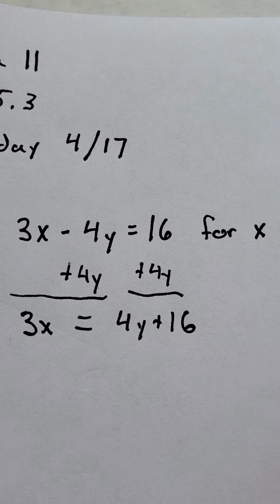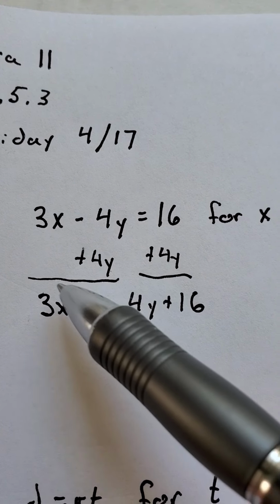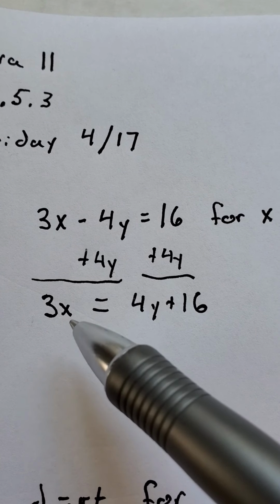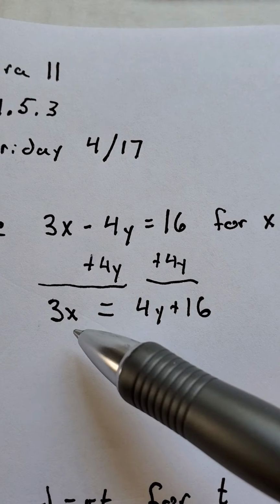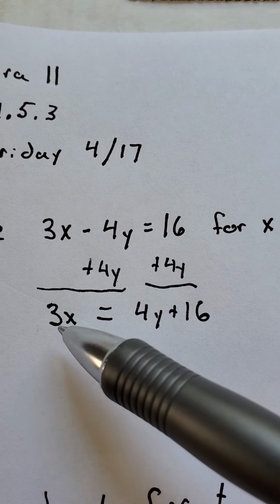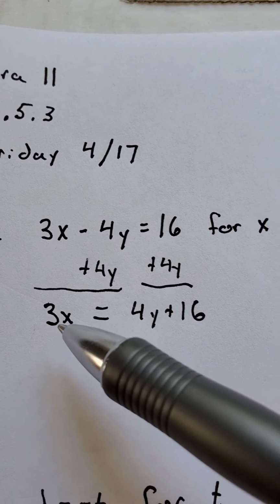Like that. So now we have isolated the term that has the variable in it. The 3x is now by itself on the left side of the equation. Now we just need to remove anything else that's on the x. The 3 is on the x, so we need to remove that. We want the x to be completely by itself.